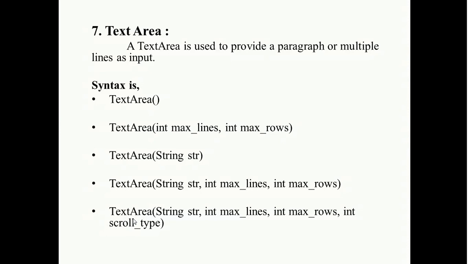Now see the fifth constructor having four parameters: first string str, second int max lines, third int max row, and fourth int scroll type.